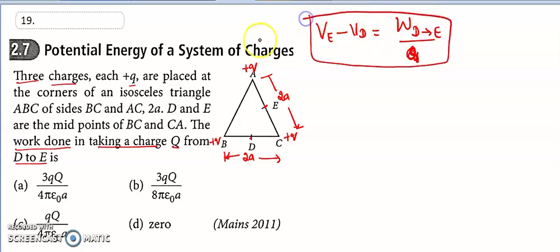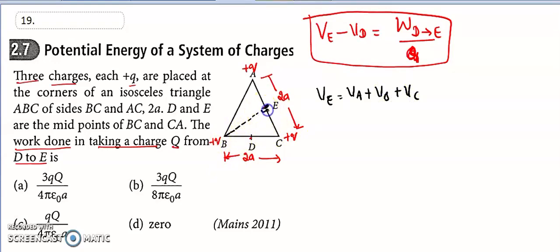What is the potential at E? The potential at E is equal to the potential due to A plus the potential due to B plus the potential due to C. So what is this distance?